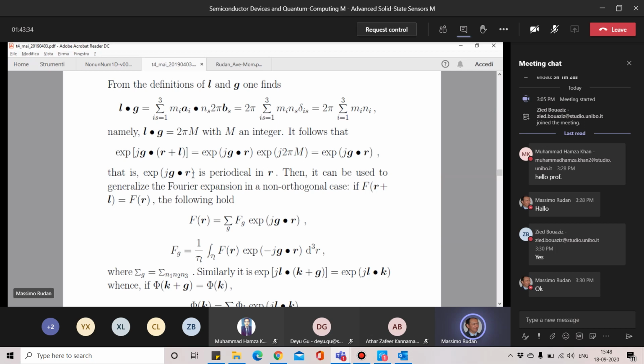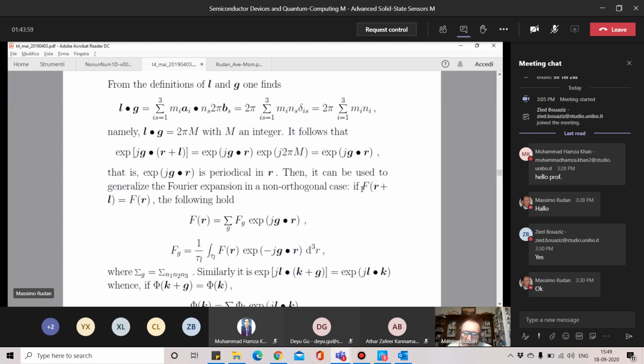So this function is periodic thanks to the properties of the vectors A and B of the lattice. So we have the possibility of using this function to obtain a Fourier expansion of some other function that is periodic. Consider any function capital F that is periodic in the lattice.